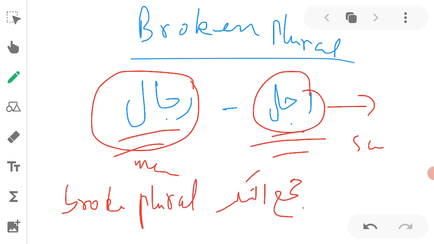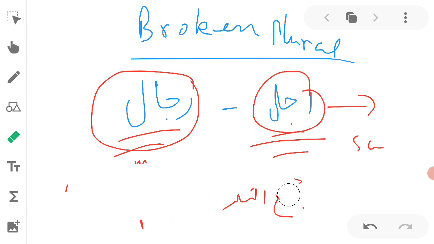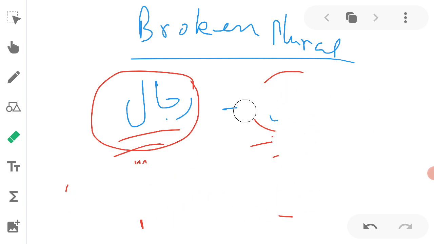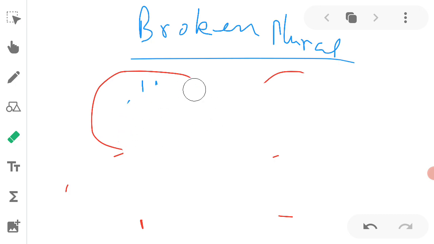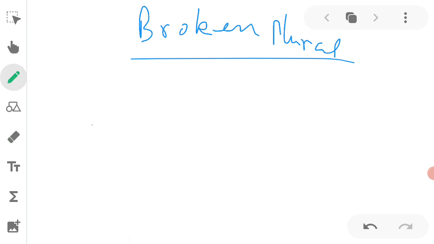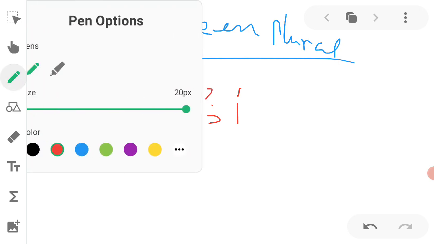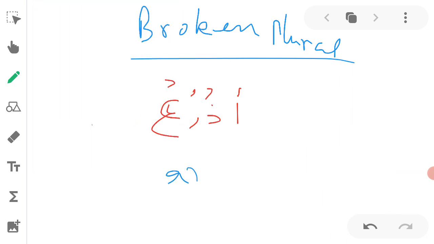Okay, and let's take another example. Like adhru', ain, adhru', which means arms, and its singular is dhira'.